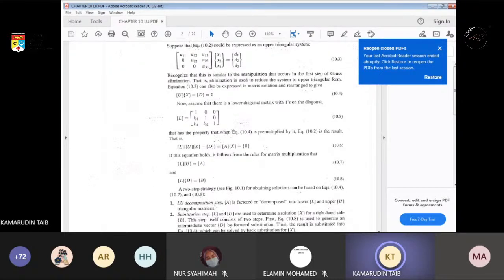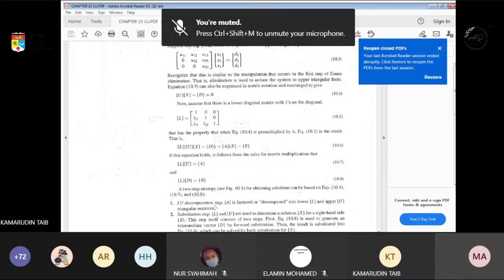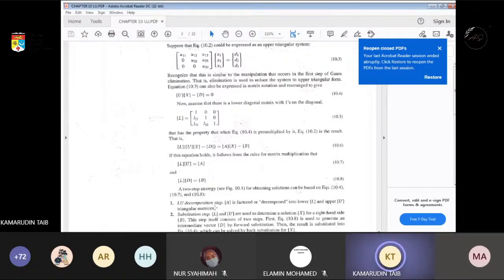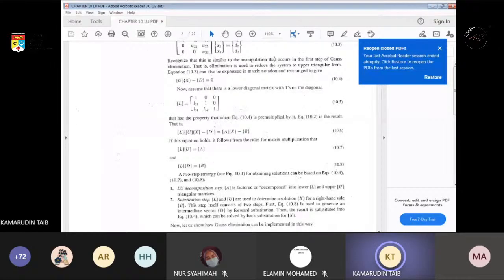A two-step strategy for obtaining the solution can be based on equations 10.4, 10.7 and 10.8. These are the steps involved in LU decomposition.